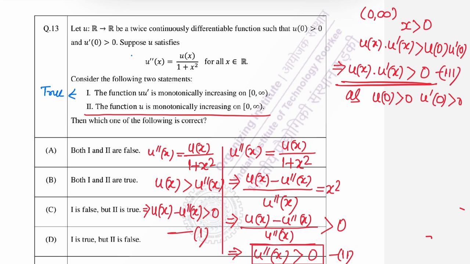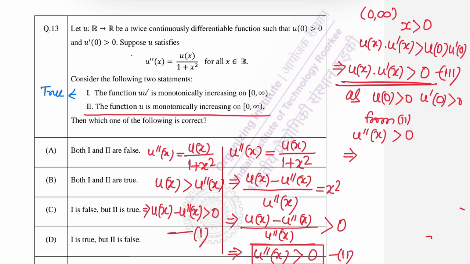Now I again write 2. From 2, u double dash x is greater than 0. It means that, and u double dash x, if you see the question, that equals this thing.